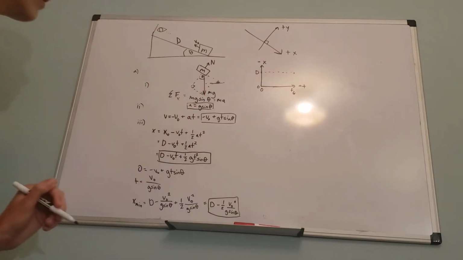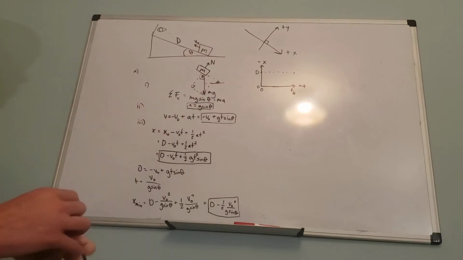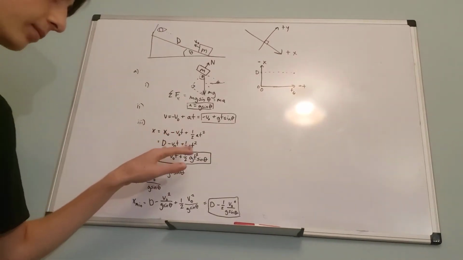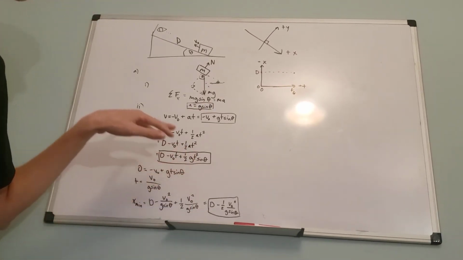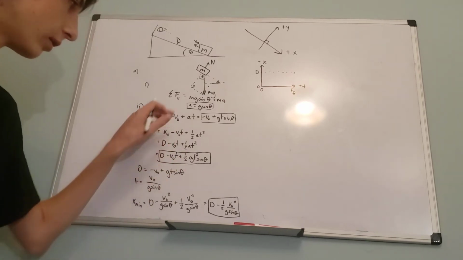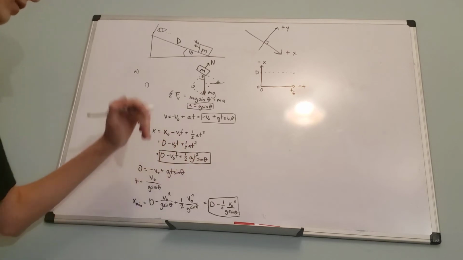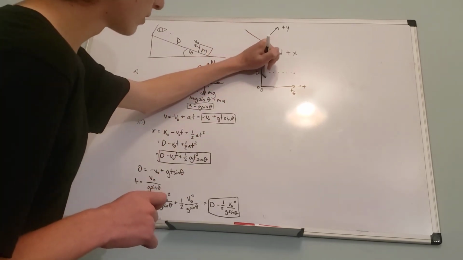Okay, great. So, based on this equation, this is a quadratic equation, right? So that will form a parabola, and we can tell it's an upwards facing parabola because this constant here is positive. So it's going to look like this.